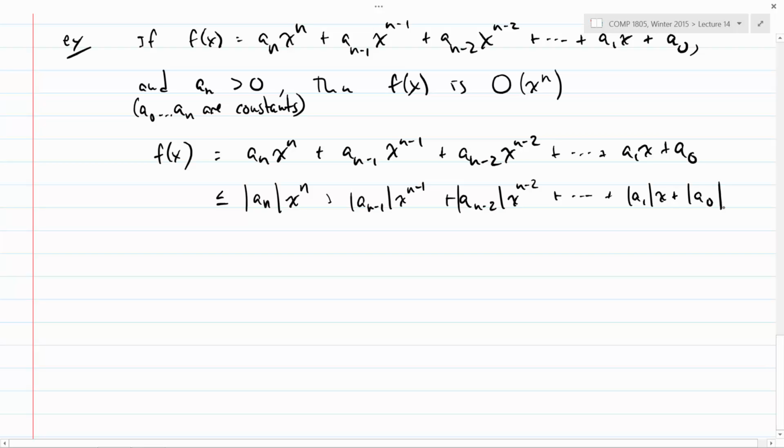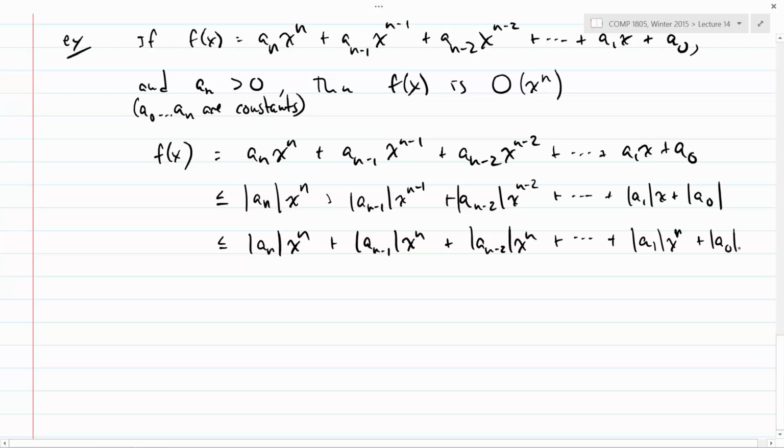All right, so now I'm ready to do my usual trick, now that I know that all of these are positive, and that's multiplying everything through by x to the n. And now I'm ready to collect like terms.